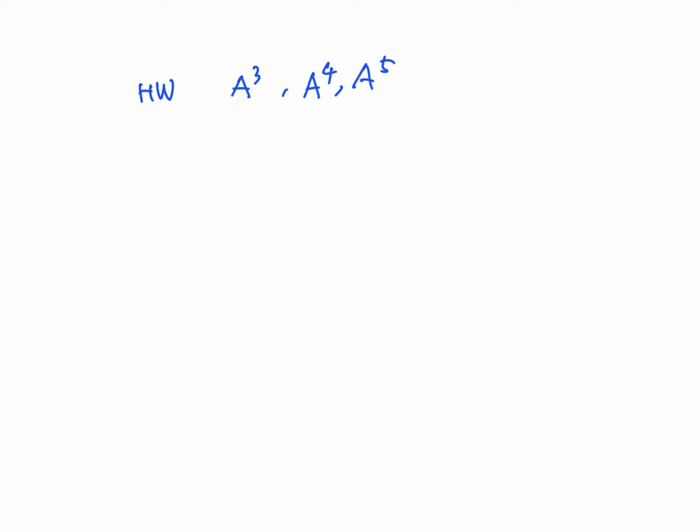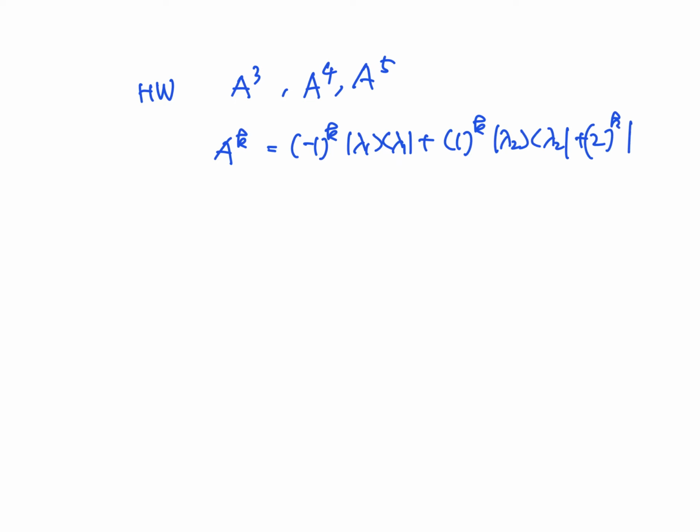So basically A^K is something like this: minus 1 to the K, lambda 1, lambda 1; 1 to the K, lambda 2, lambda 2; 2 to the K, lambda 3, lambda 3, right? And so this can be your homework.